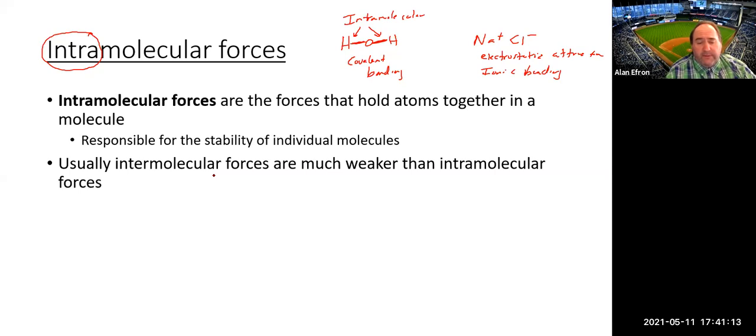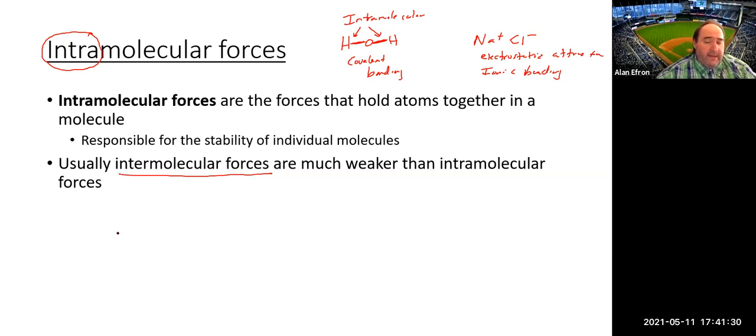Between those two, the intermolecular forces are always much weaker than your ionic bonding and your covalent bonding. They're very much weaker than those two.